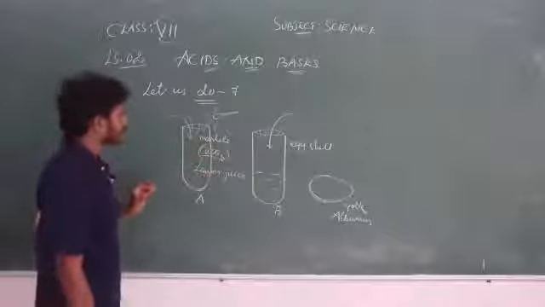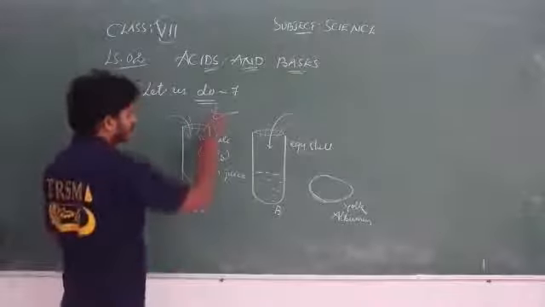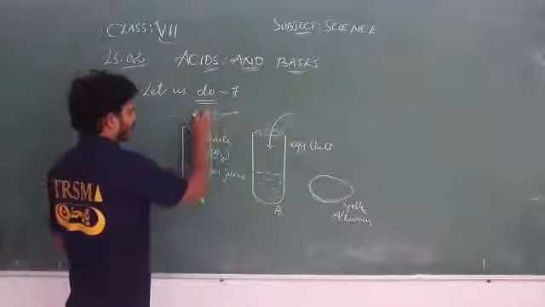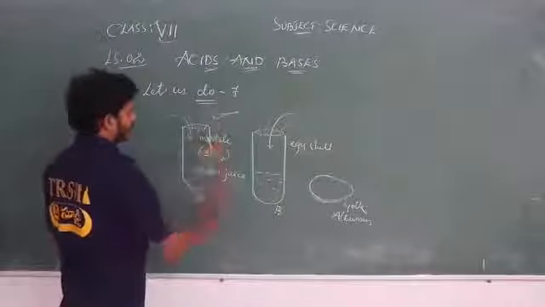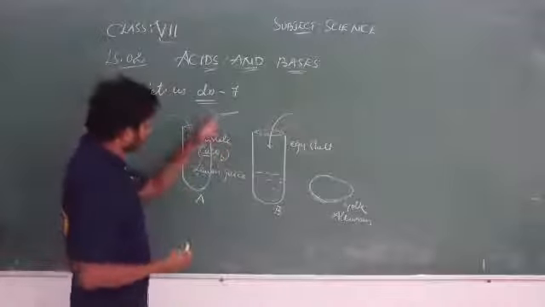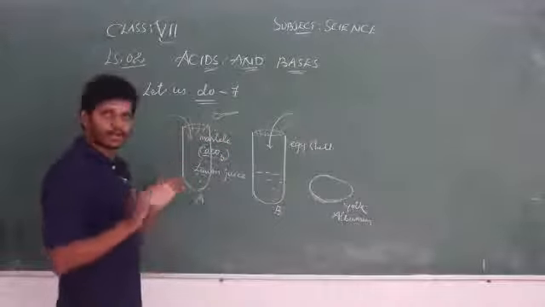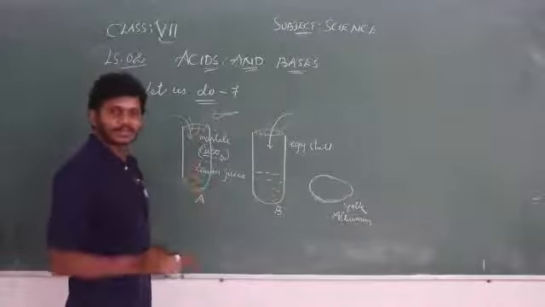So what do you observe? We observe that this flame gets put off. We don't see the flame here. As soon as you bring it near the mouth of the first test tube, the flame disappears.